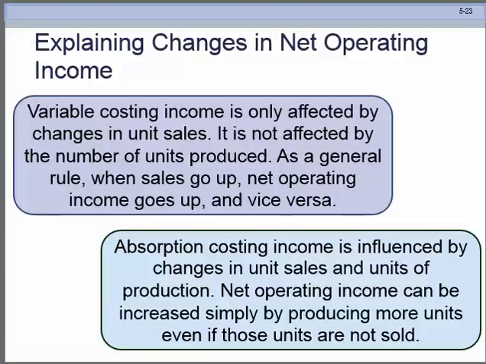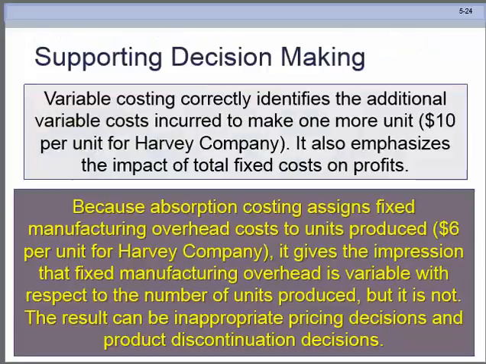So let's revisit our old friend decision making. Variable costing identifies the additional variable costs incurred to make one more unit. It emphasizes the impact of fixed cost on profits.